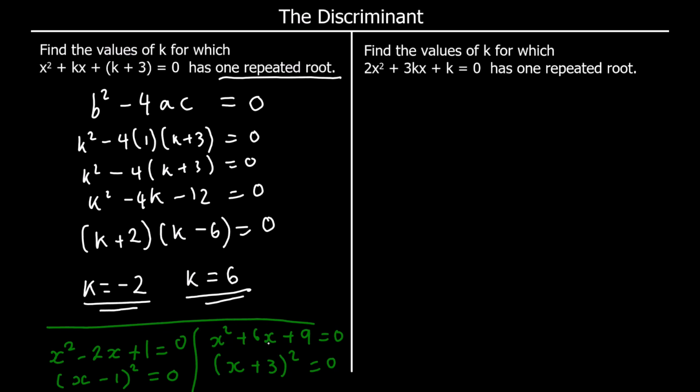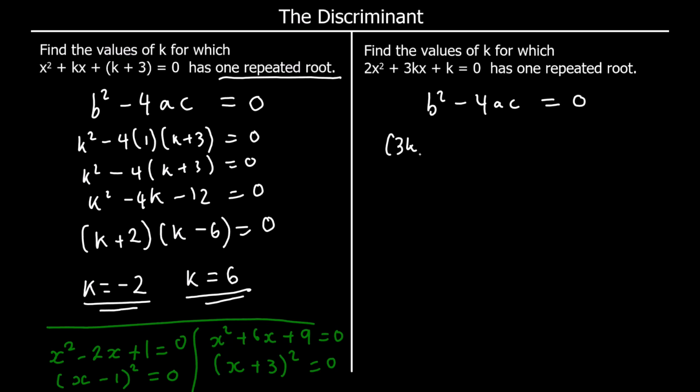Find the values of k. Question for you to try, for which 2x squared plus 3kx plus k equals 0 has 1 repeated root. So it's got one repeated root. So b squared minus 4ac must be equal to 0. b is 3k.